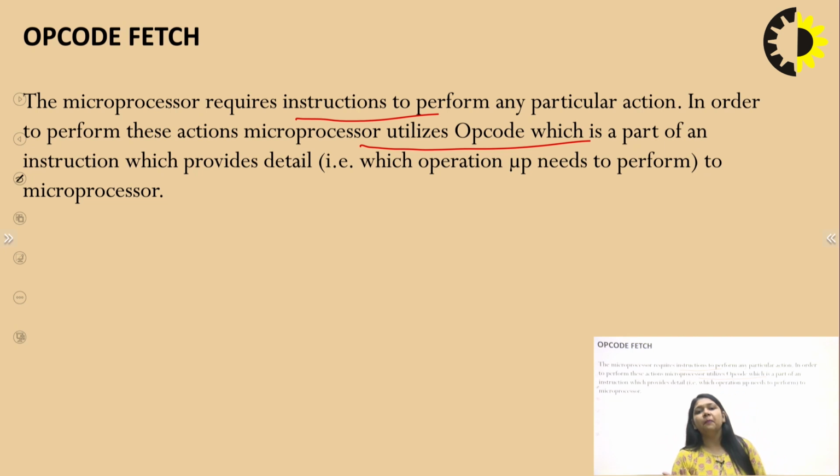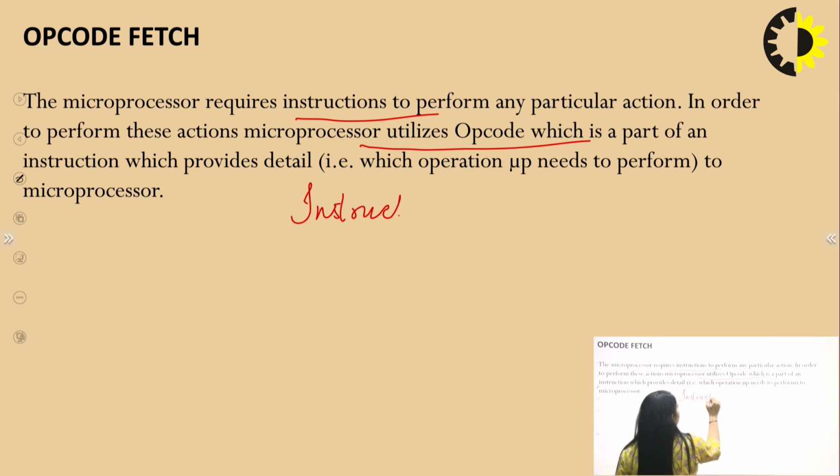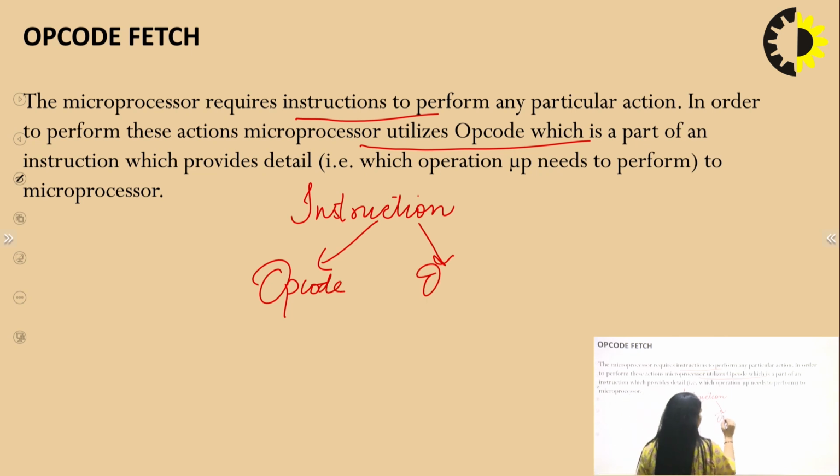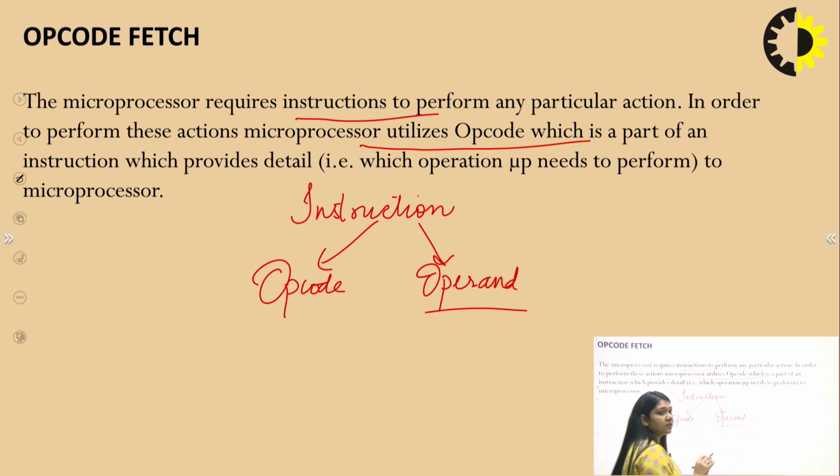An opcode is a part of an instruction, and after the opcode the operand will be there. So an instruction has two parts. The first part is the opcode, which is fetched first, and the next part is the operand. The operand is the data or the register on which the instruction is to be performed.